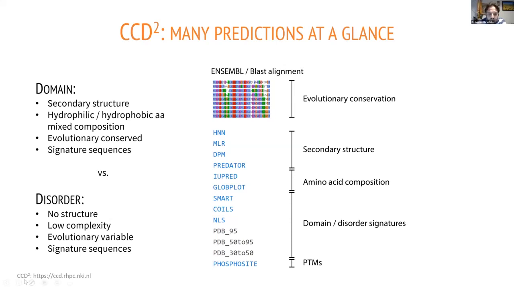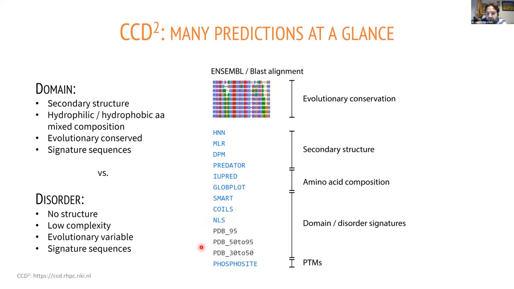The predictions that it gives you are evolutionary conservation via an ensemble or BLAST alignment, a quick overview of secondary structure prediction with a consensus of 4 simple methods. It also looks at disorder with amino acid composition, and then it looks at signatures for domains via the SMART database of protein domains, coils, nuclear localization signals.